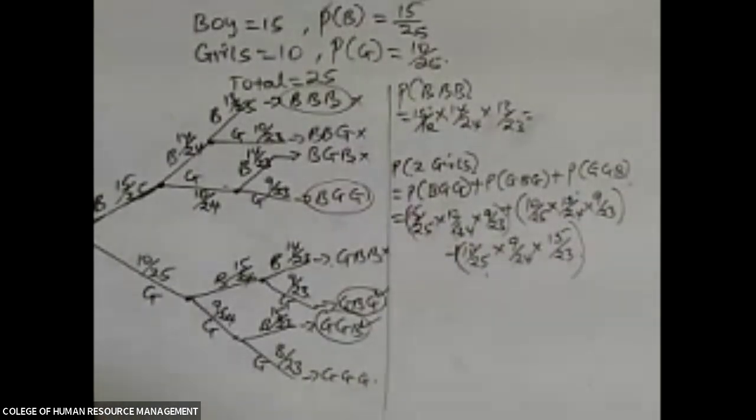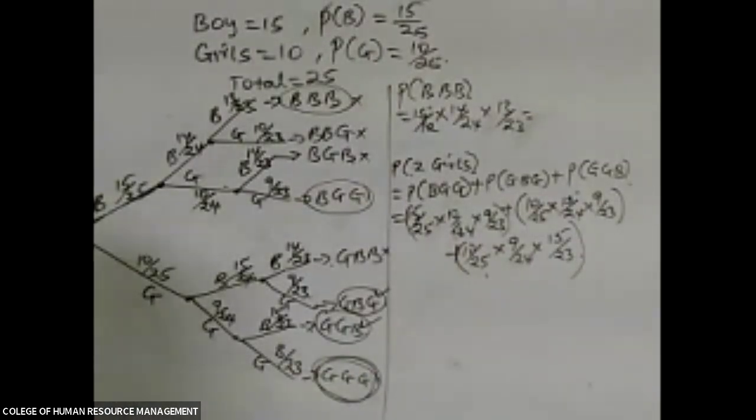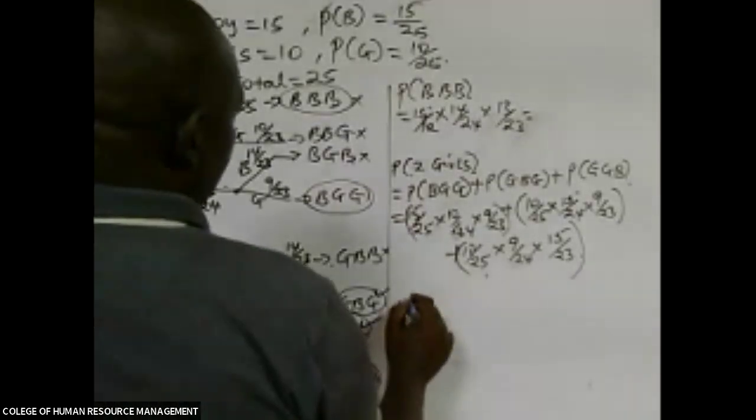None of the officials is a boy. None of the officials is a boy, so you only work with this. All of them are girls. It is the same as the probability all of them are girls. The probability of GGG, that is Roman 3.